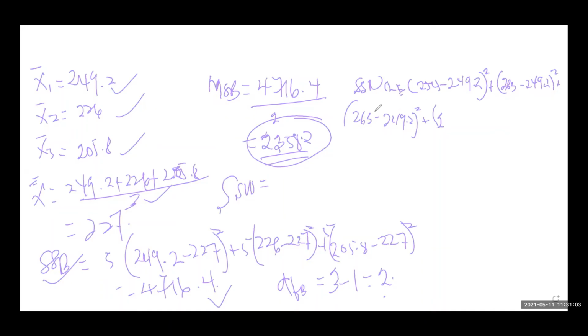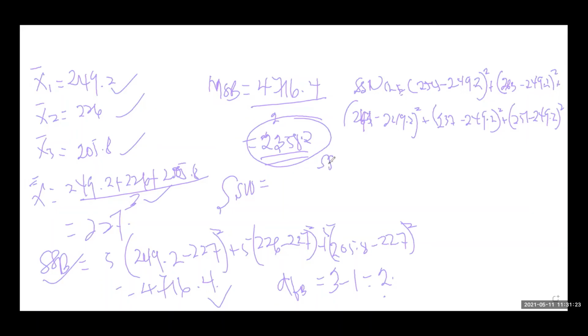Sorry, this is 241. The next one is 237 minus 249.2, plus 251 minus 249.2. This will give me the sum of squares for just club 1.